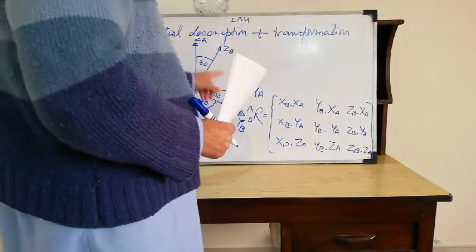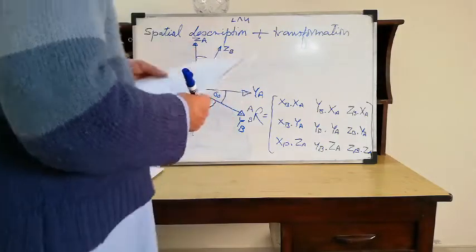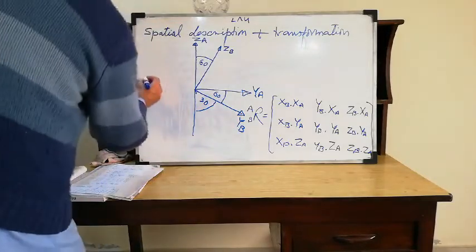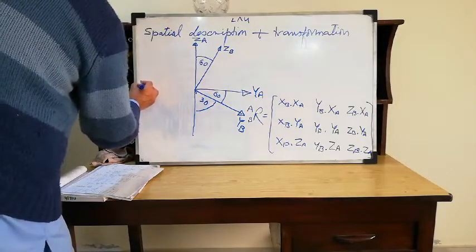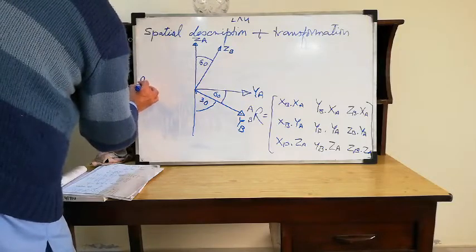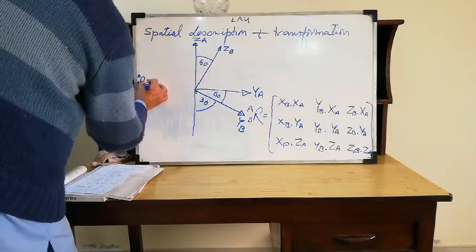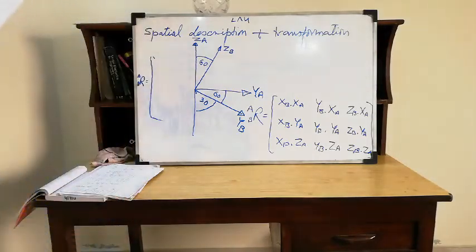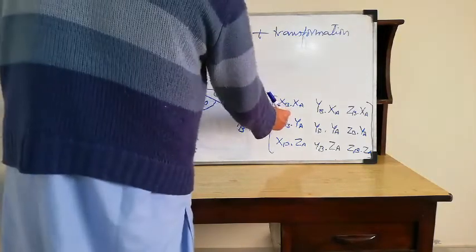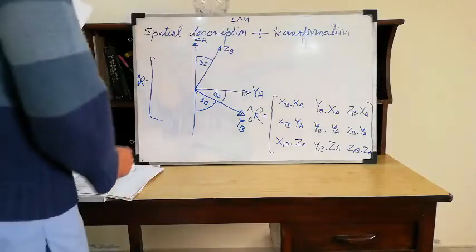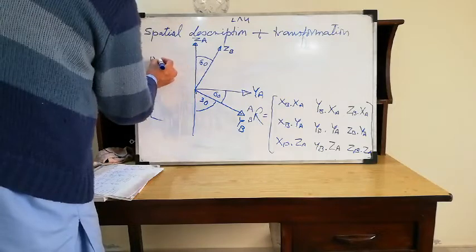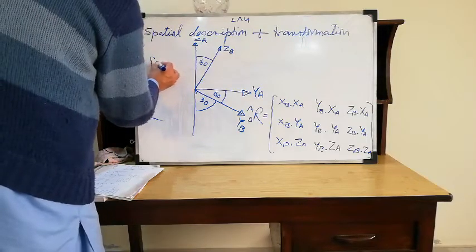We have YA, YB, ZA, ZB, and now I'm going to write the matrix R, B, A. XB dot XA, cos of 0.